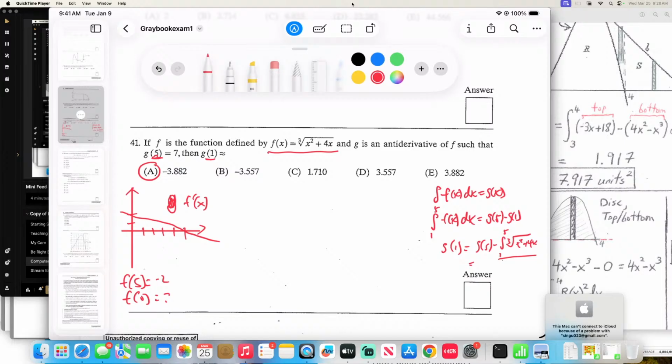But how do I do this one? If I have a straight line going through this point, and it's f prime of x, and f of 5 is -2, what's f of 0? F of 0 is f of 5 minus the integral from 0 to 5 of f prime of x. Figure it out.